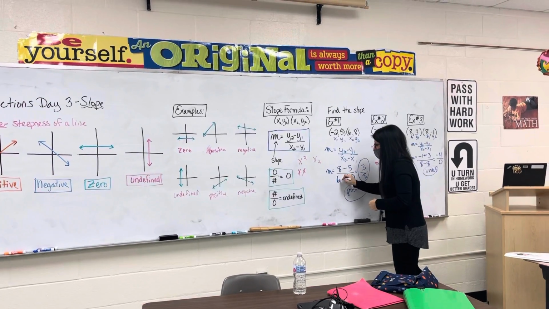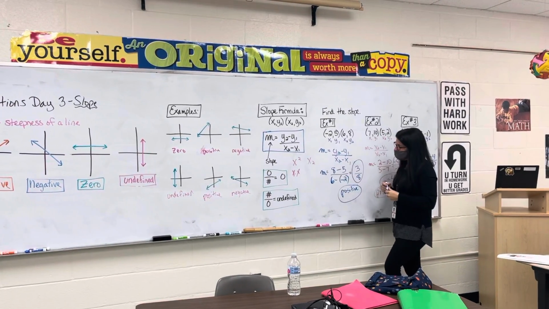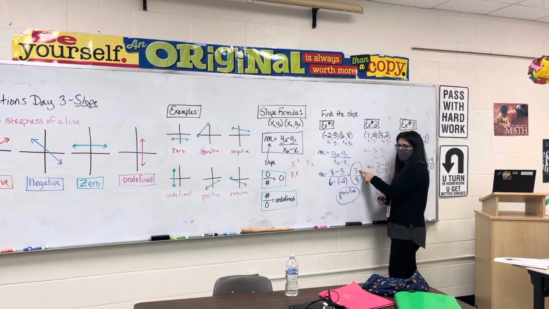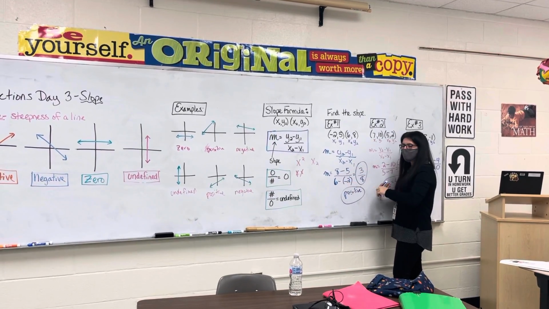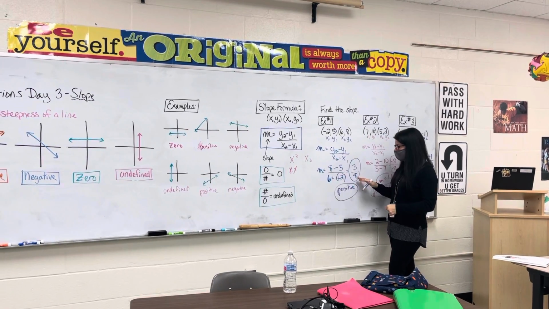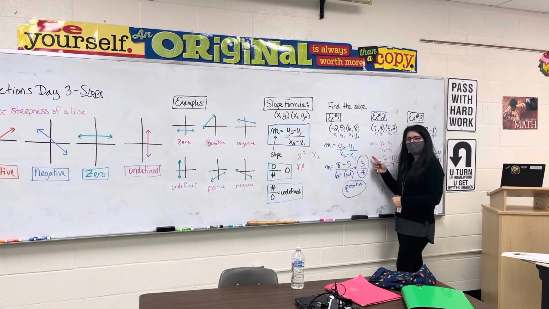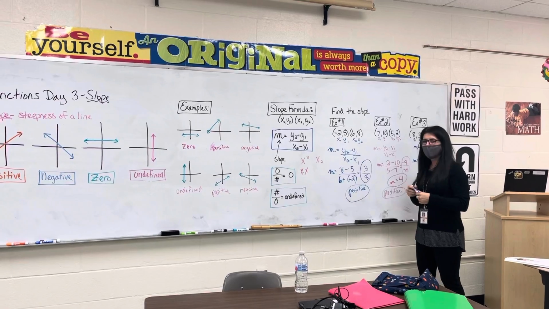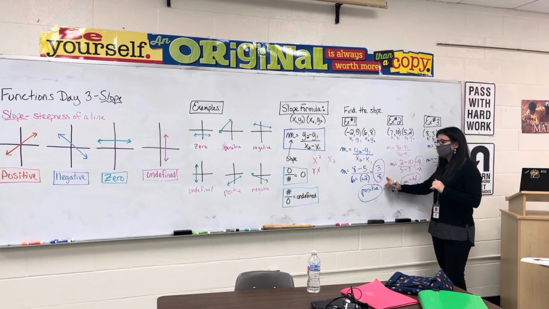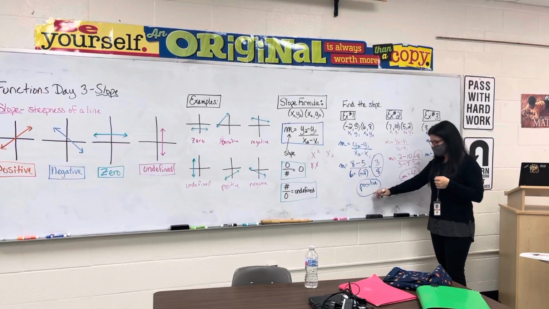The original looked like this. 6 minus negative 2. In the numerator, 8 minus 5 is 3. When you subtract a negative, we've talked about keep, change, flip. 6 plus 2 gives me 8. This can't be divided. 3 divided by 8 does not go in evenly. There's nothing I can reduce. So 3/8 is my slope, and it is positive.